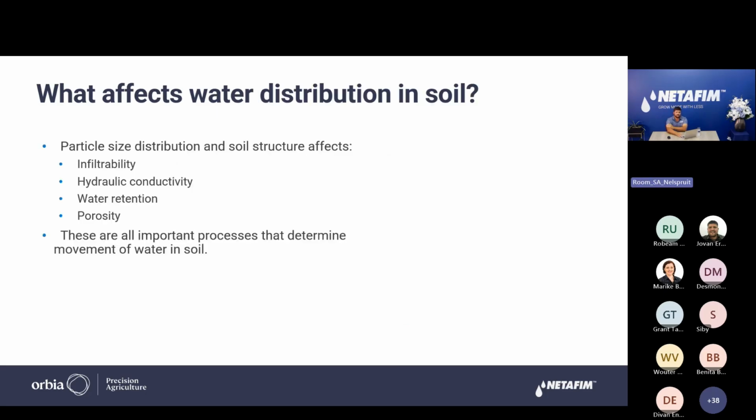So what affects the water distribution? First of all, as we've discussed earlier, the particle size distribution and the soil structure affect your soil's infiltrability, hydraulic conductivity, water retention, and porosity. These are all factors that we have discussed previously, and they are all processes that work together to determine your specific situation.